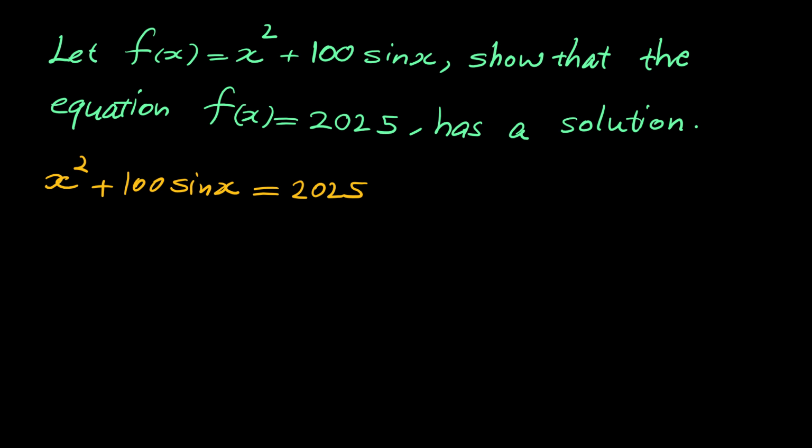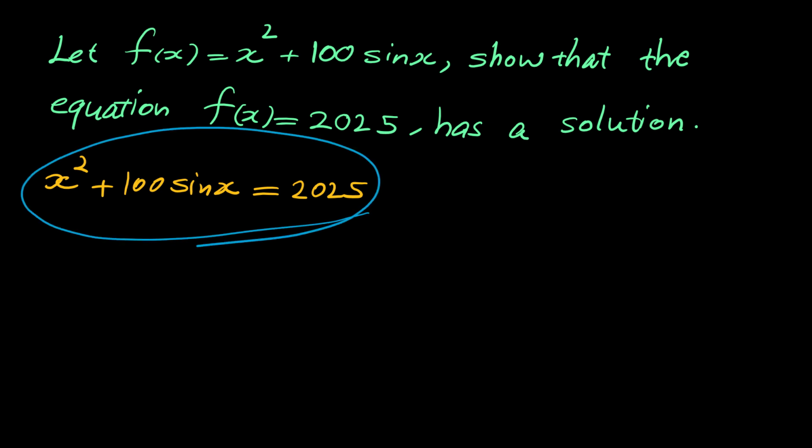For using intermediate value theorem or IVT, usually from the given equation in the question, we define a function. So the first step in doing these types of questions is to define a function for yourself. And for defining the function, we move all the terms of the equation to one side.